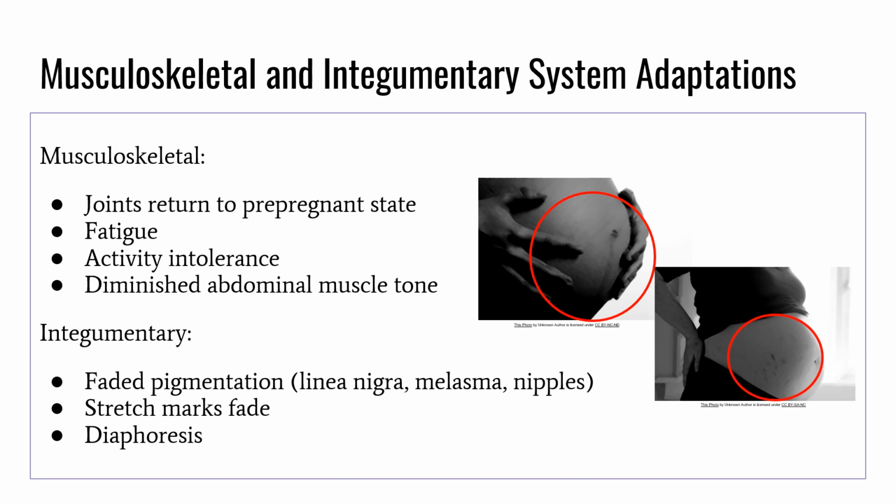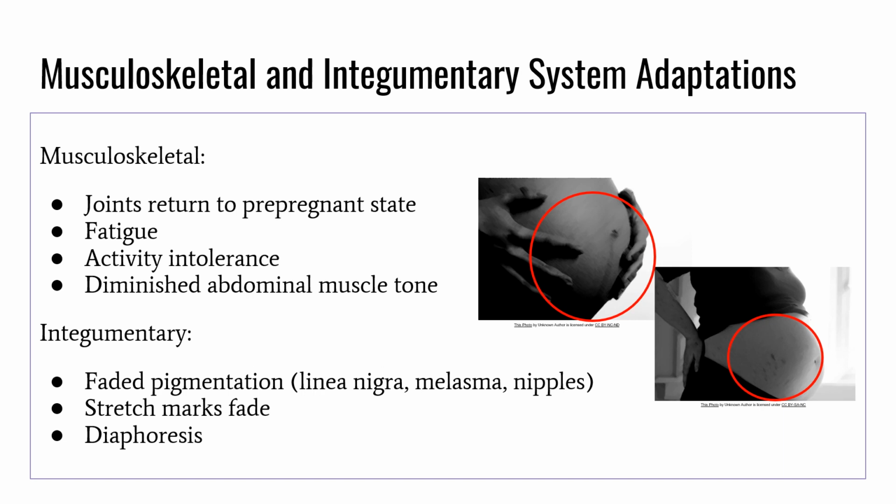Regarding the integumentary system, pigmentation fades as estrogen and progesterone levels decrease. Pigmentation includes the abdomen line, the linea nigra, the face, known as melasma, and nipples. Some women experience hair loss during pregnancy and the postpartum periods.